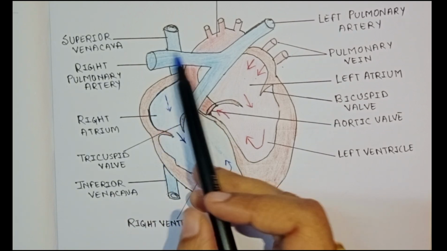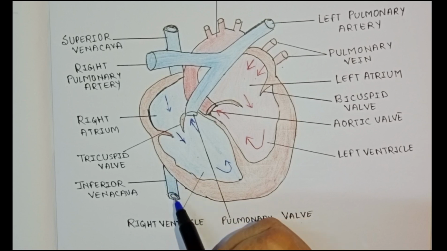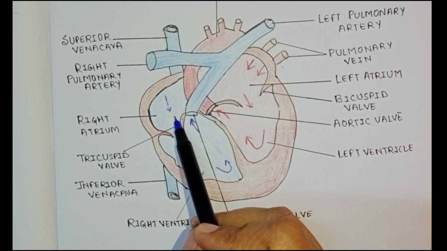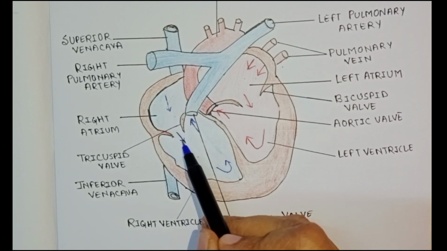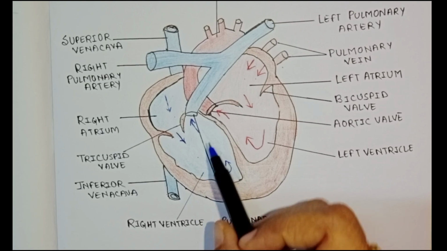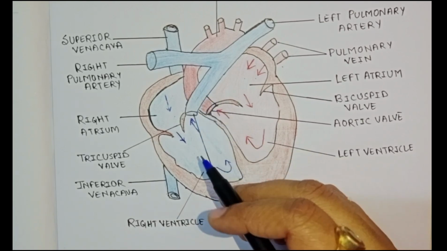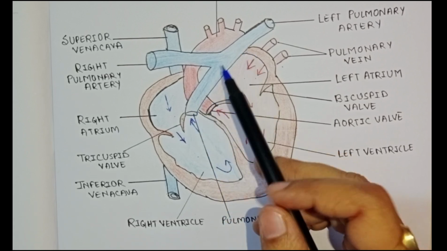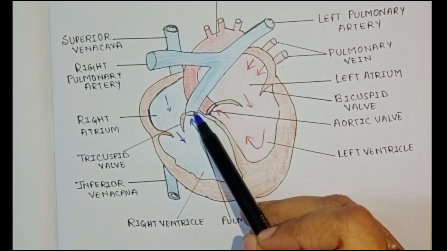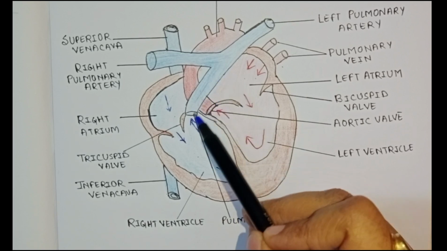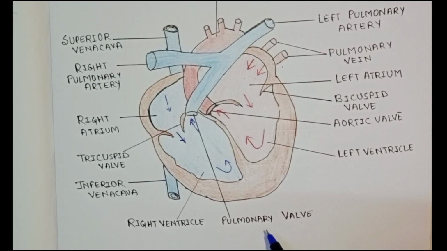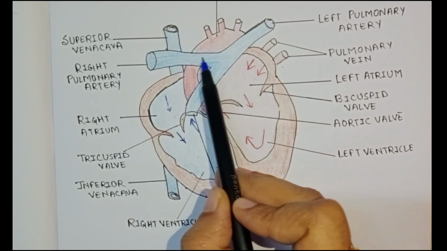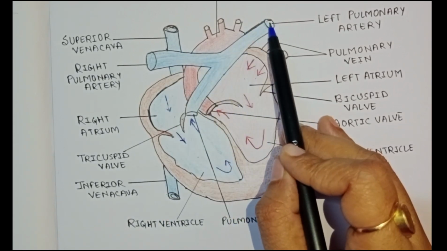In the right atrium open the superior vena cava and inferior vena cava, which drain the deoxygenated blood into the right atrium. From the right atrium, the deoxygenated blood moves to the right ventricle, and from the right ventricle, the blood moves to the lung through the pulmonary artery, which divides into the right pulmonary artery and the left pulmonary artery.